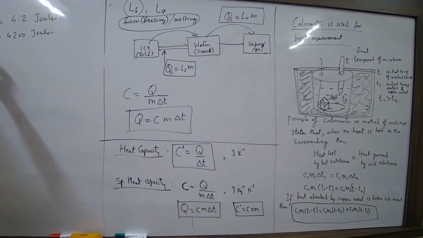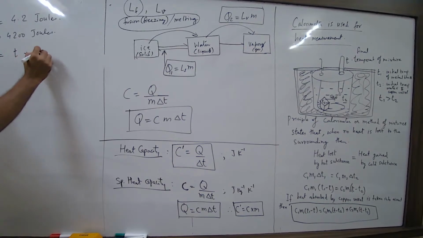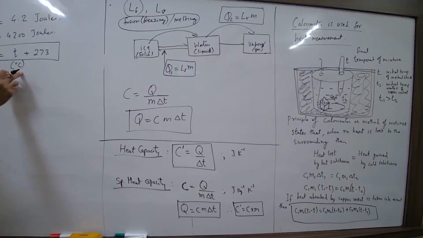The second is the temperature on the Kelvin scale, that is absolute temperature, is equal to the temperature on the Celsius scale plus 273. To convert temperature from Celsius to Kelvin, just add 273.